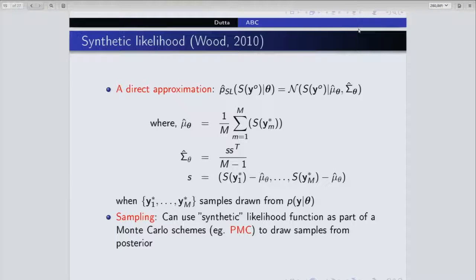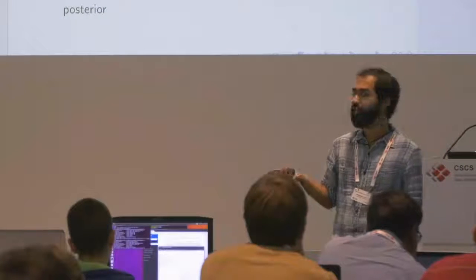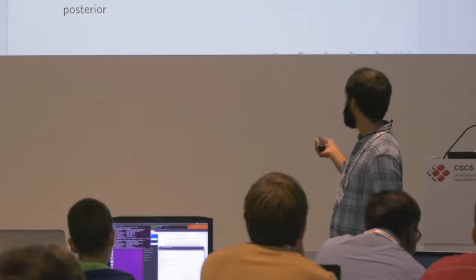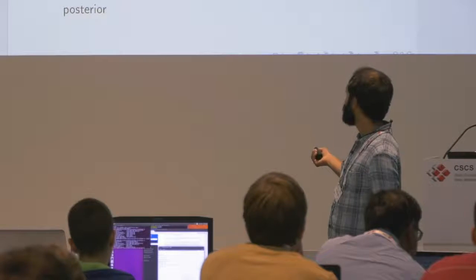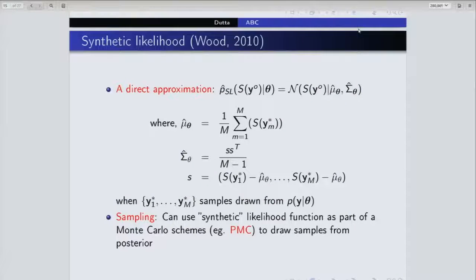And by doing that, if you have a good choice of summary statistics, for example using Fearnhead and Prangle methods and some other ways, the synthetic likelihood works super well. And because it's an approximate likelihood function, you can plug it into all existing MCMC algorithms like sequential Monte Carlo, Metropolis-Hastings, all sorts of algorithms. It's just like plugging in a likelihood.